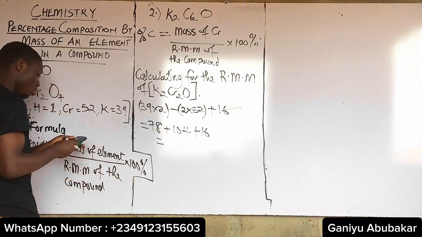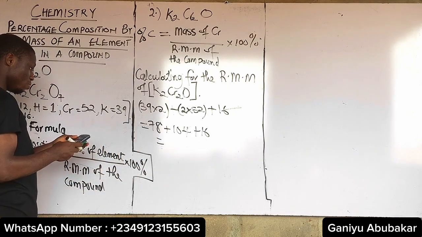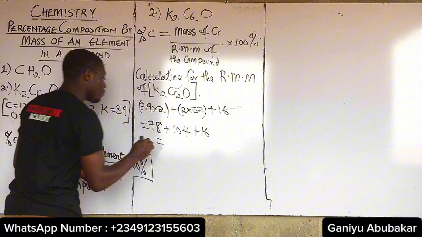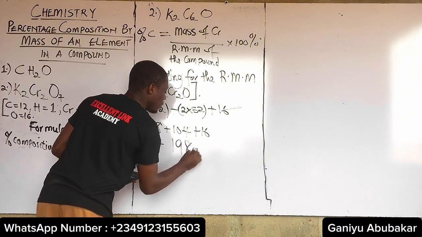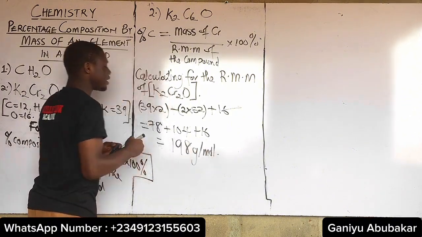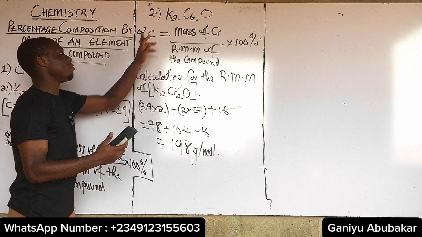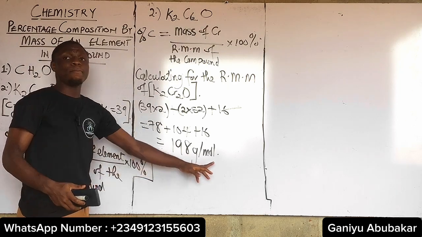Add them up, I have 198 gram per mole. So the relative molecular mass of this compound is 198 gram per mole.